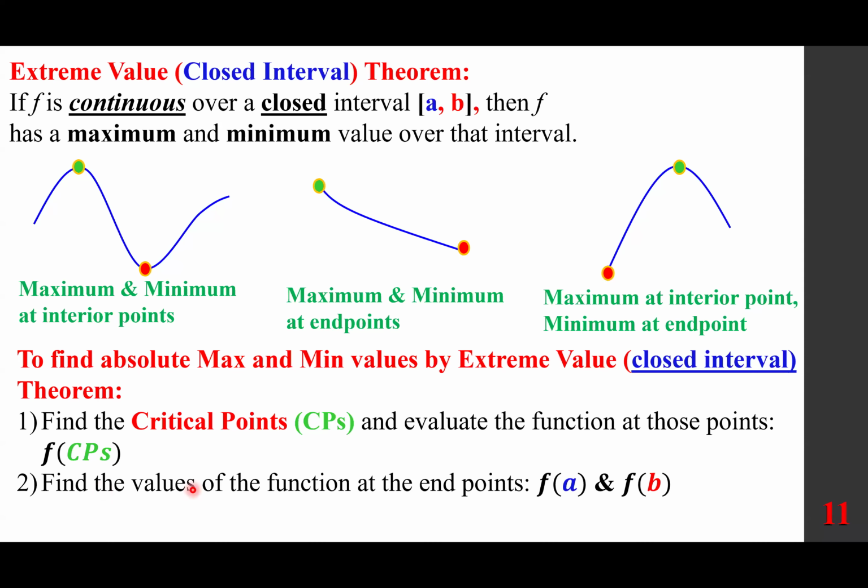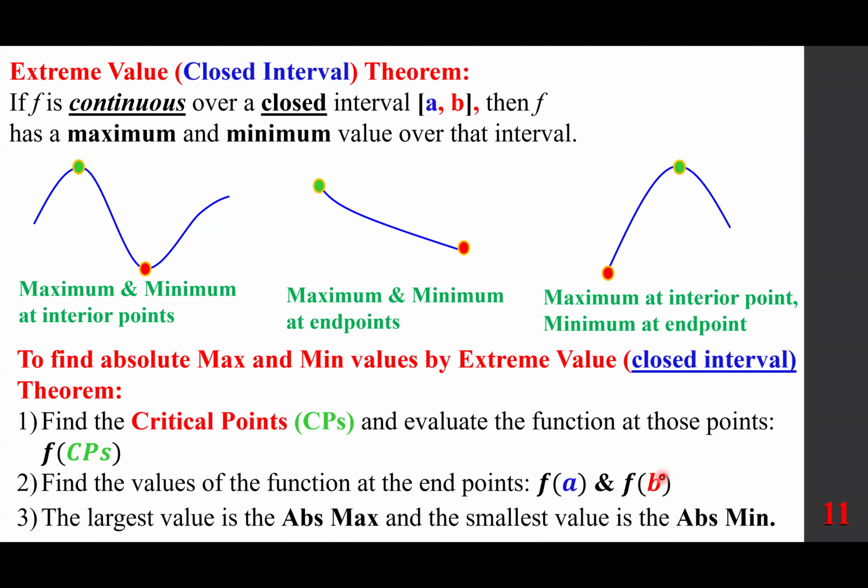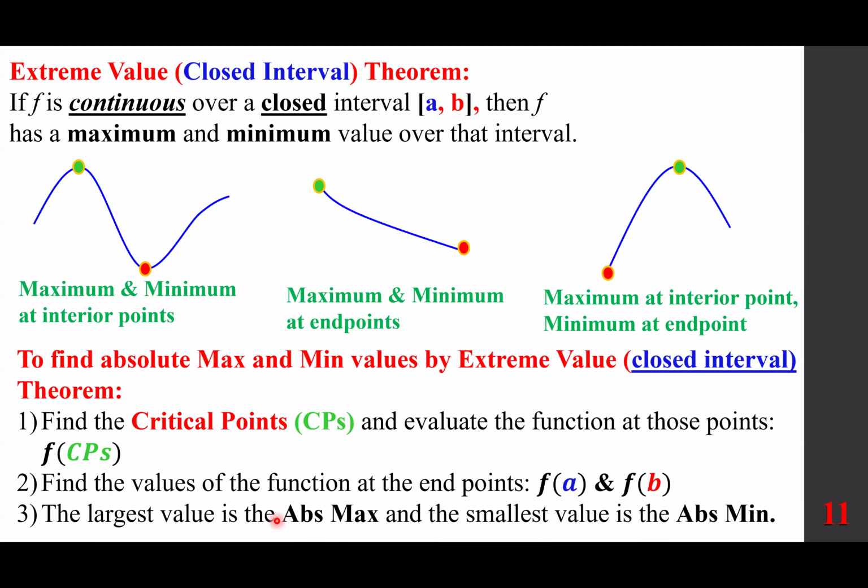Also, find the values of the function at the endpoints, f of a as well as f of b. We want to evaluate those two. And finally, the largest value is the absolute max, and the smallest value is the absolute min. Very straightforward, everybody.